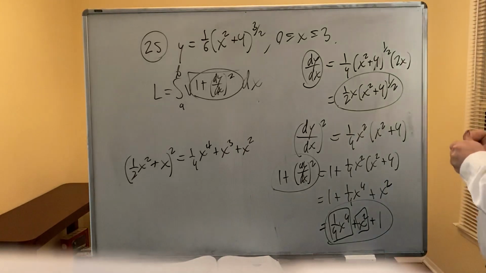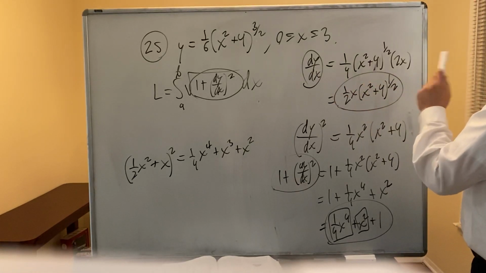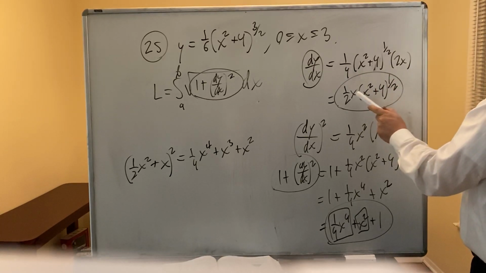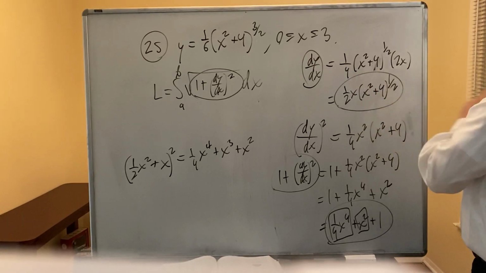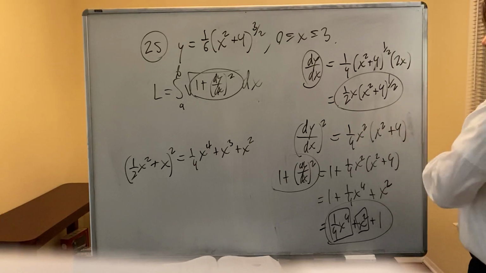Okay, so let me just check my math here. 2y dx is equal to 1/4 x squared plus 4 to the 1/2 times 2x, which is 1/2 x times x squared plus 4 to the 1/2. That squared is 1/4 x squared times that.